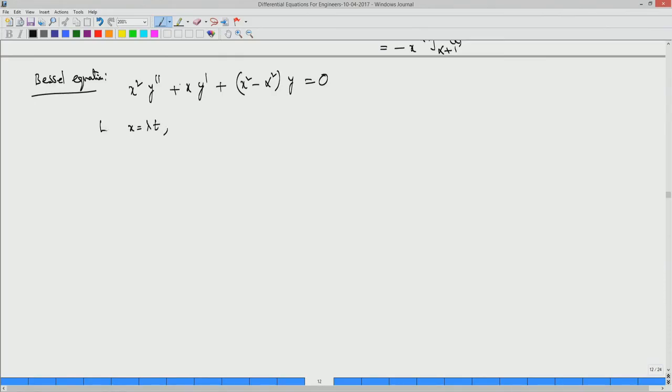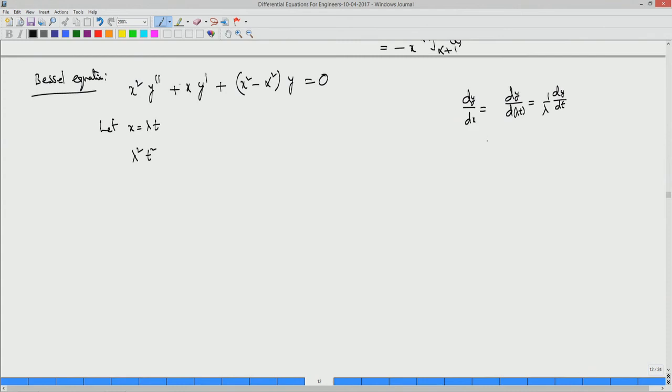If you do that, what happens? x square is lambda square t square, and dy by dx is equal to dy by d(lambda t), which is equal to dy by dt times 1 by lambda.